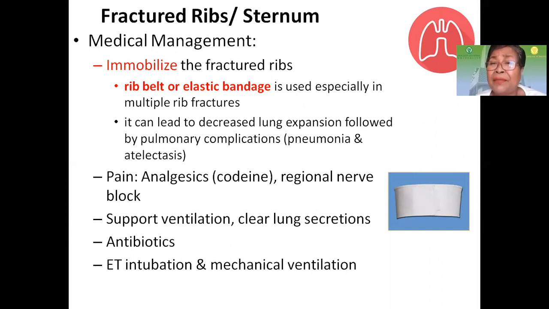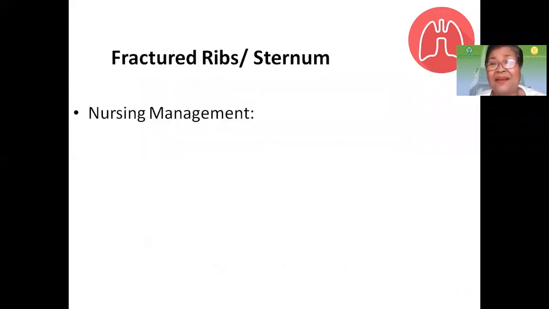Sure, we need antibiotic because this is a dirty case. Patient will have an infection. So, moderate to severe, endotracheal tube insertion and connected to mechanical ventilation. Yan. So, basta hypoxemia and respiratory acidosis, moderate to severe hypoxemia, kailangan natin ng artificial airway.